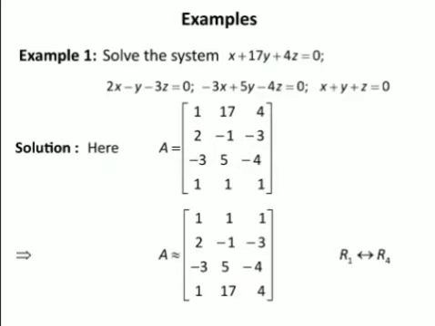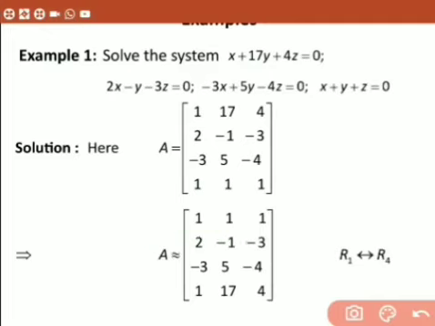Let us interchange R1 and R2 so that the first element of the first row becomes 1, then it becomes easy to simplify. Sorry, let us interchange R1 and R4, not R1 and R2.